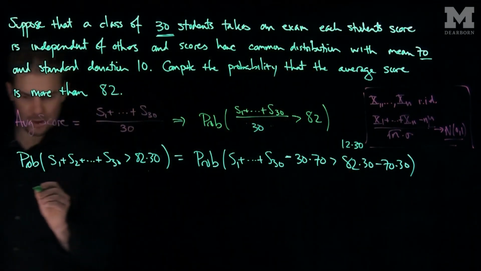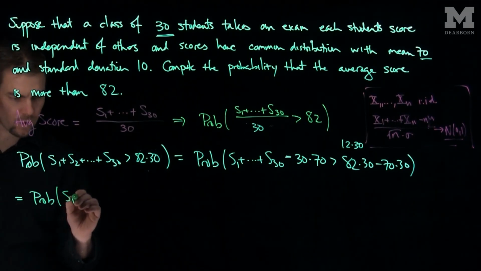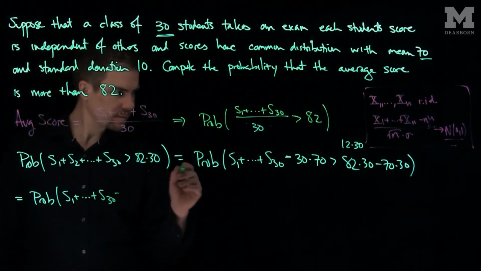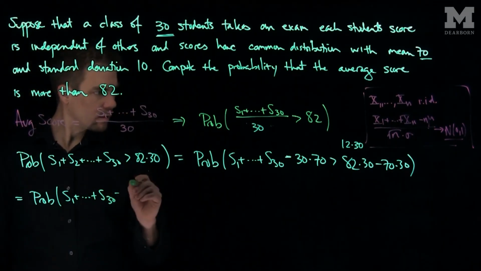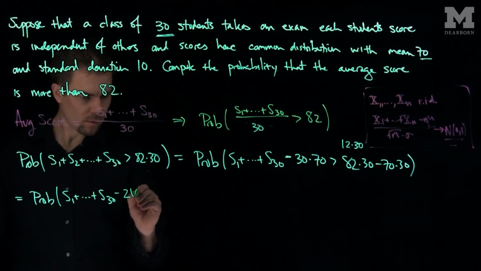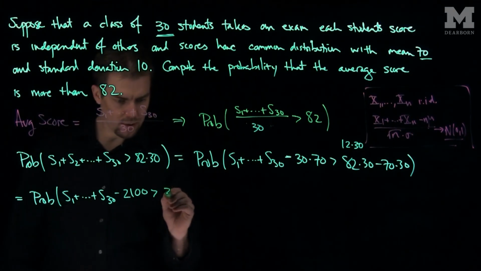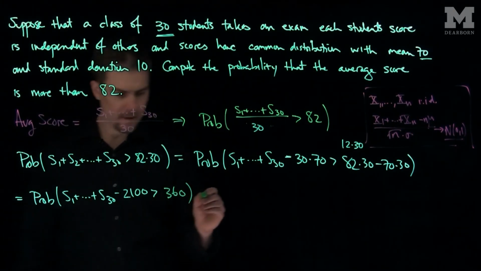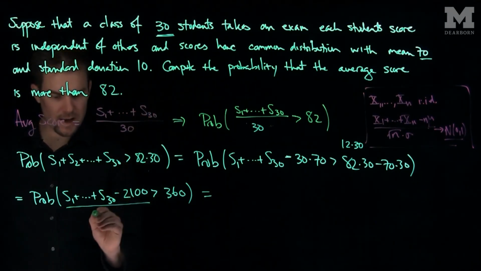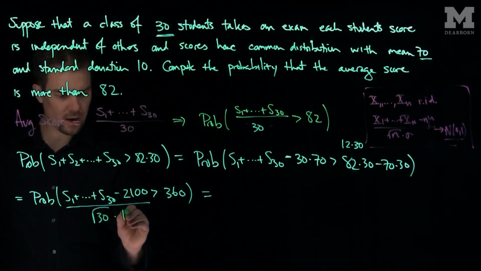So we have the probability that S1 + ... + S30 minus 2,100 is bigger than 360. Now we'll divide by the square root of n, so the square root of 30, times the standard deviation of 10.